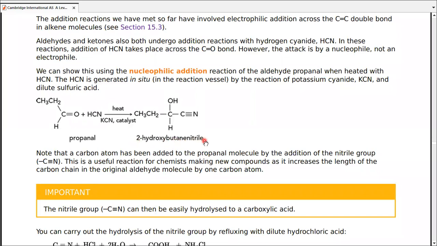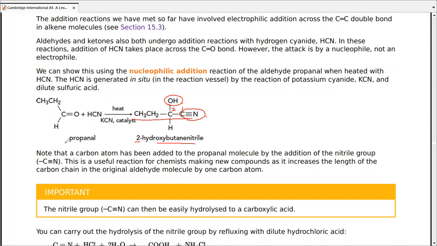Since it's 2-hydroxynitrile, it should be really easy how that works. 2 means that this carbon is 1, this carbon is 2. Hydroxy means we have an alcohol group. But means there are a total of 4 carbon atoms. An means those carbon atoms are singly bonded. Nitrile means the first carbon atom has a triply bonded nitrogen. Hence, 2-hydroxybutane nitrile.